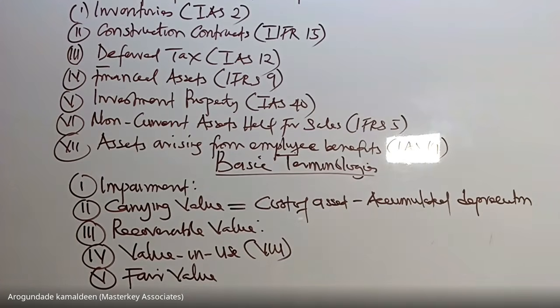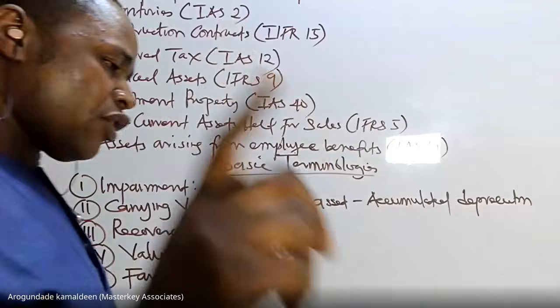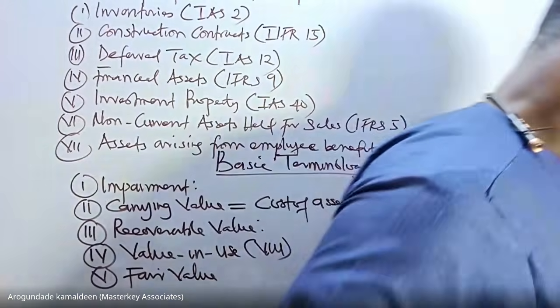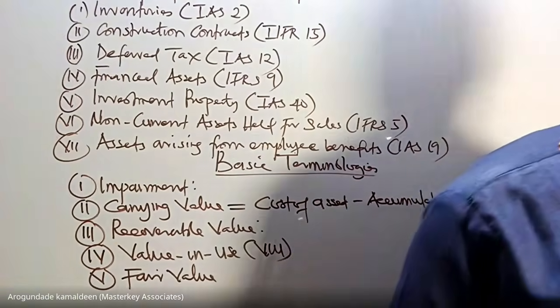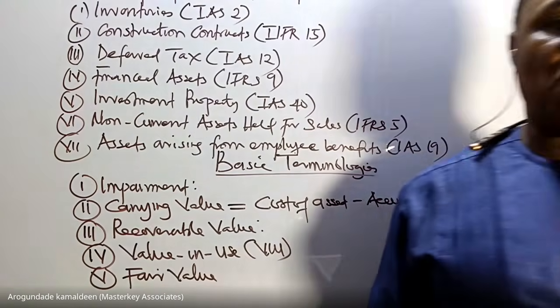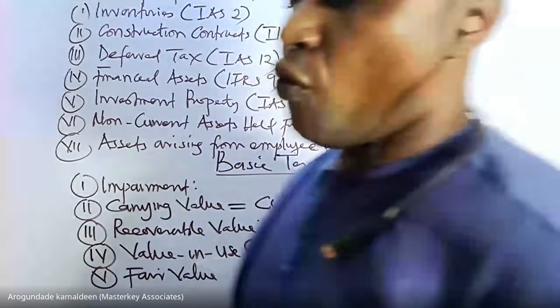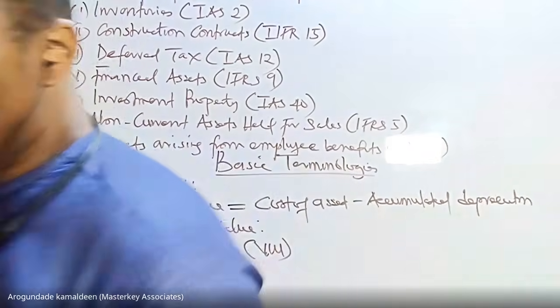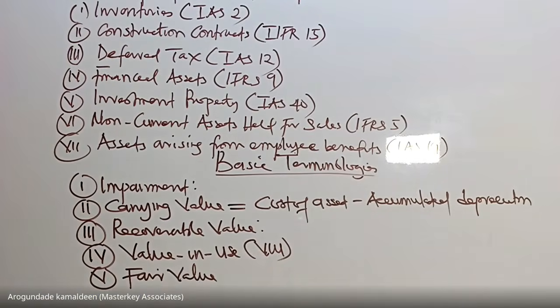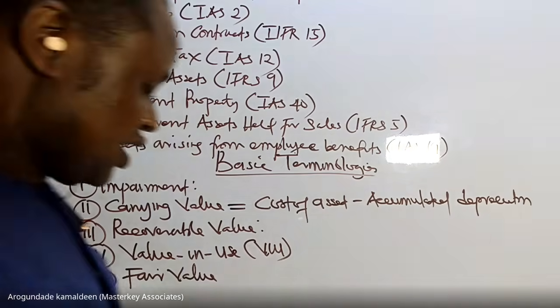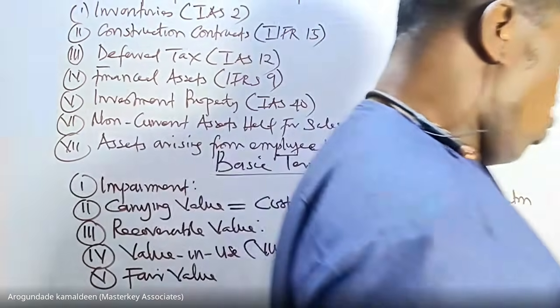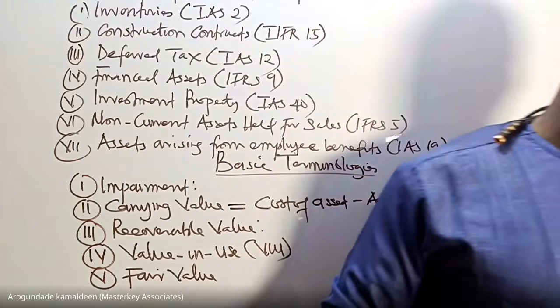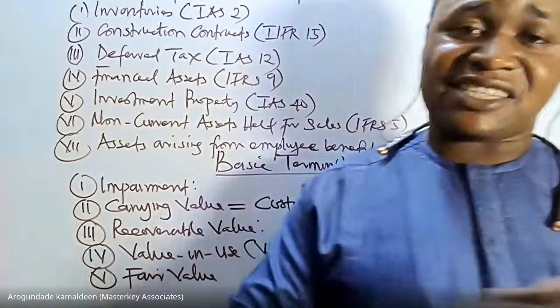An active market is a market in which all the following conditions exist. One, the items traded are homogeneous, meaning they are similar and related. Two, willing buyers and sellers can be found at any time.